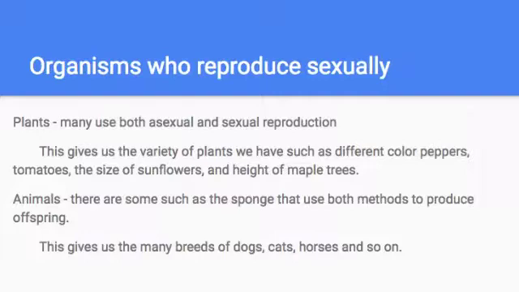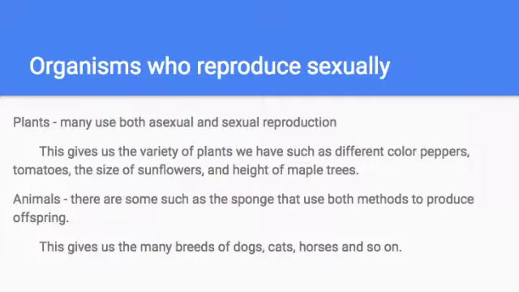So we have a lot of plants, so I included strawberries in this one, tomatoes, sunflowers, and trees, which can all reproduce sexually, and that's why we have a variation of them. If you think of the different colors of tomatoes that are out there, the different sizes of sunflowers, the different colors of tulips that you see, the different heights of trees, it allows for much variation.